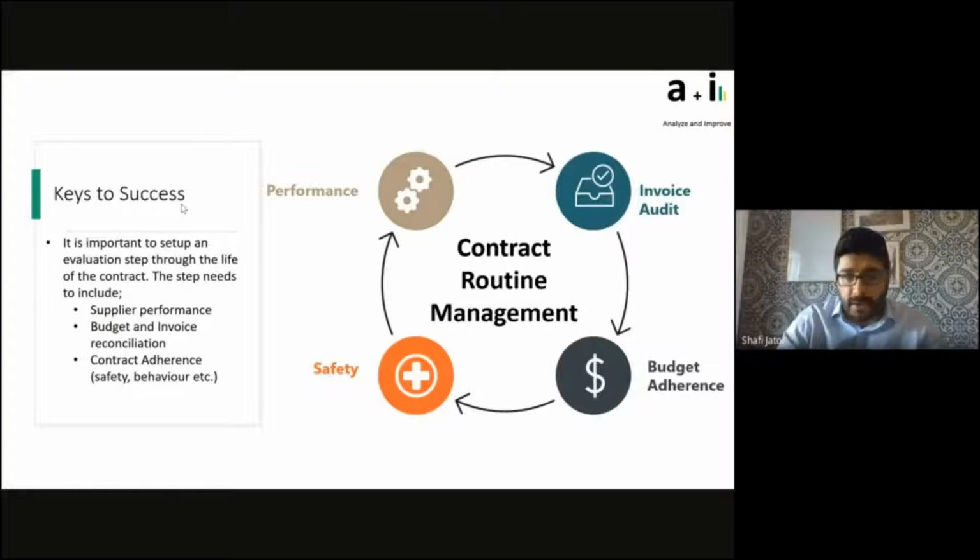That also is a bit of an issue that we would deal with. That also falls under the performance aspect of contract management. So that is a key. These keys are non-exhaustive. You could develop them and you can add as many important aspects to routine management as you would like, but it's important to establish this up front.